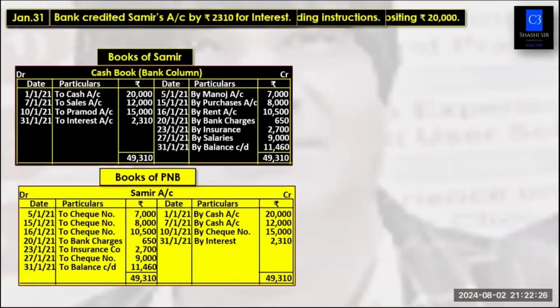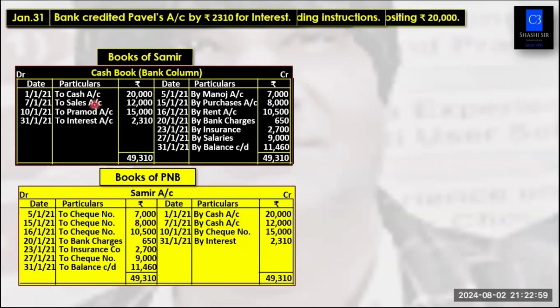Suppose this transaction, the check of rupees 15,000 dated 10th January on the credit side. Look at the transaction. This transaction, by check rupees 15,000 on the credit side of Samir's account, was appearing on the debit side of cash book.